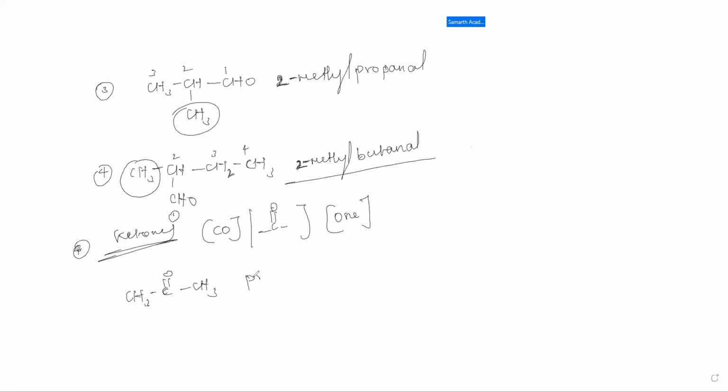The compound name is propanone. CH3 C double bond O CH2 CH3. So this one is 1, 2, 3, 4. That is butan-2-one.